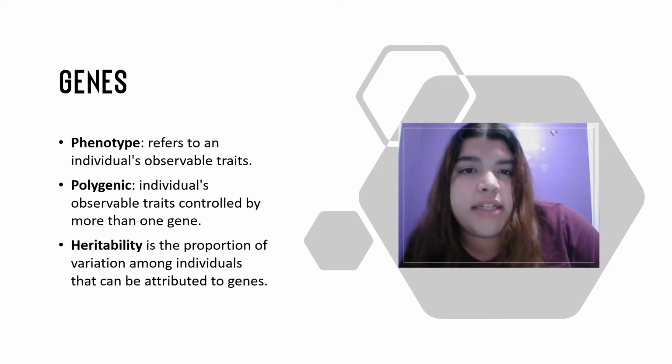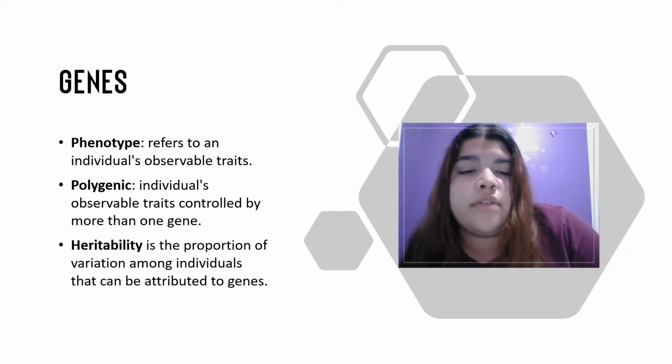To finish with genes, we have three concepts. The first one is phenotype, which refers to an individual's observable traits. A phenotype example can be height, eye color, and blood type. A person's phenotype is determined by both their genomic makeup, which means genotype, and environmental factors. Second, we have polygenic.